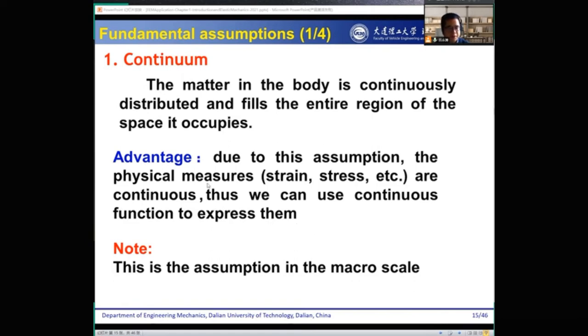Note that the continuum assumption is only used at the macro scale. At a very small scale or nanoscale, normally you don't have the continuum assumption, because the material is made from atoms, and it is the interaction of the atoms that produces and transmits the force. So it's different, and we have to use a different theory to solve those equations.